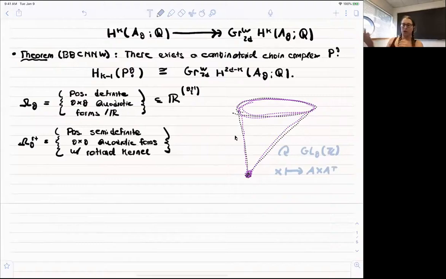So kind of conjugating the cone by GL_g(Z). And I will just say briefly, if I didn't say it earlier, this is often known as the rational closure of omega_g.